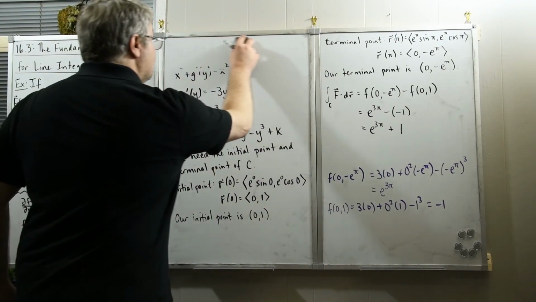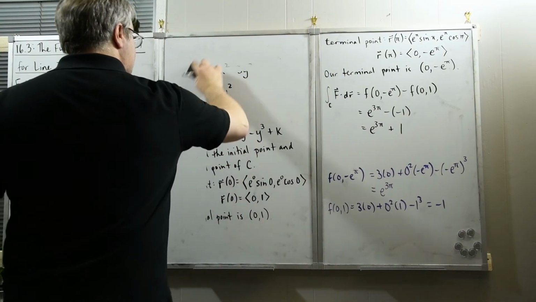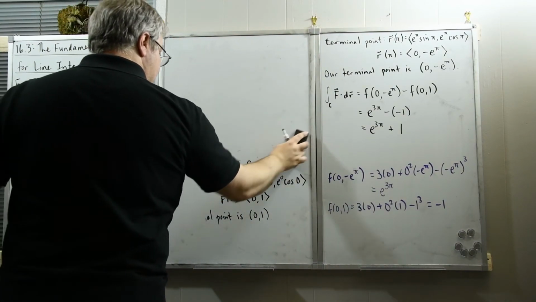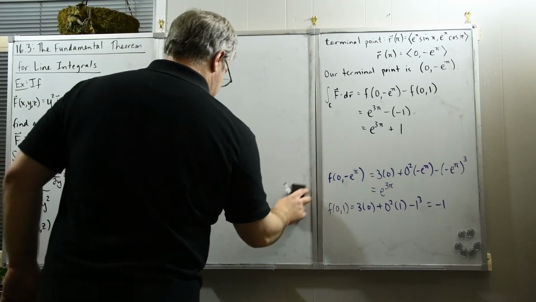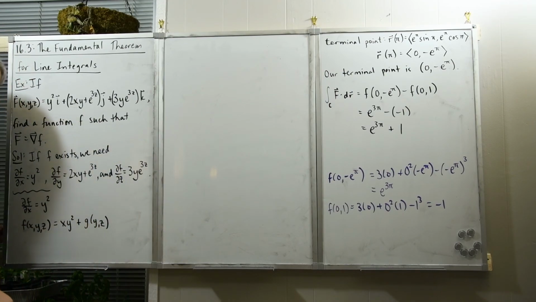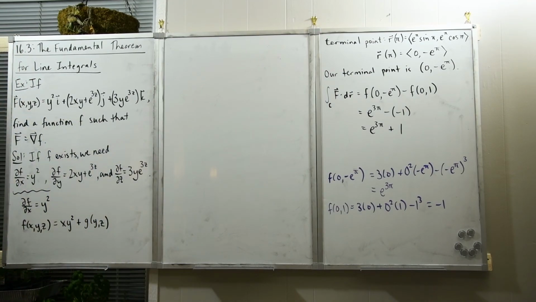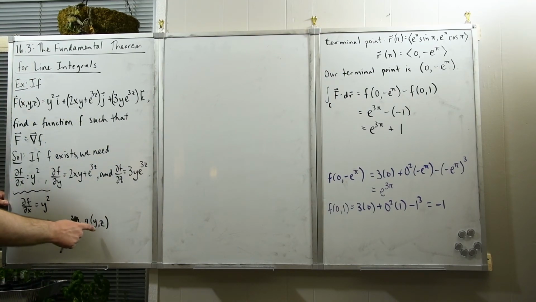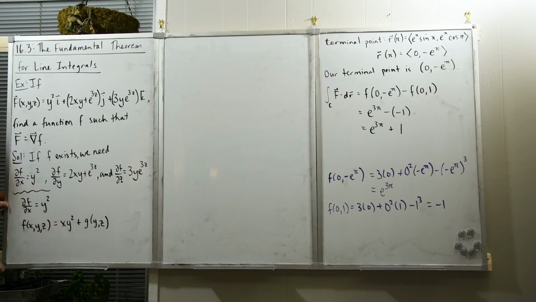Now, in much the same way as before, we're going to need to know something about the partial of f with respect to y. And so we can think about the partial of f with respect to y in a couple of ways. We can get it by taking the partial of this expression directly with respect to y.